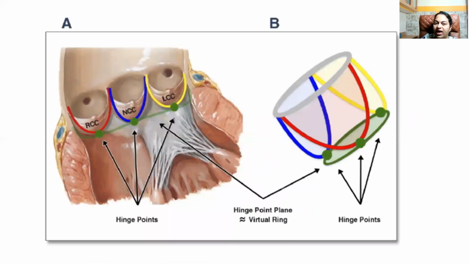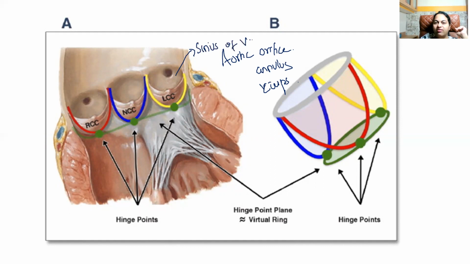Coming to the semilunar valve, the aortic orifice and the pulmonary orifice are guarded by the semilunar valve. So this is your aortic orifice. You have the aortic annulus to which the semilunar valves or the cusps are attached. And just above the cusp, the part of the aorta will be dilated, and that dilated space is called the aortic sinus of Valsalva.